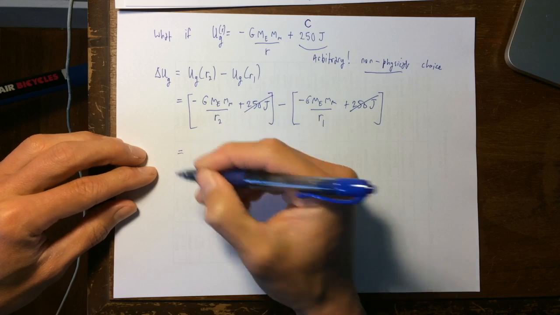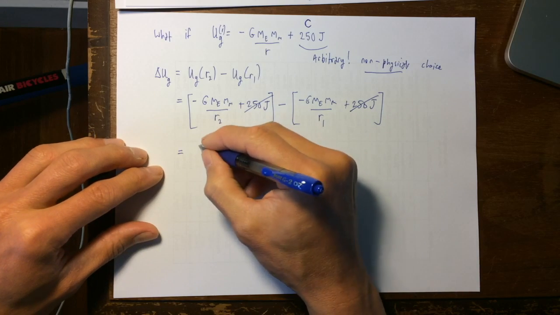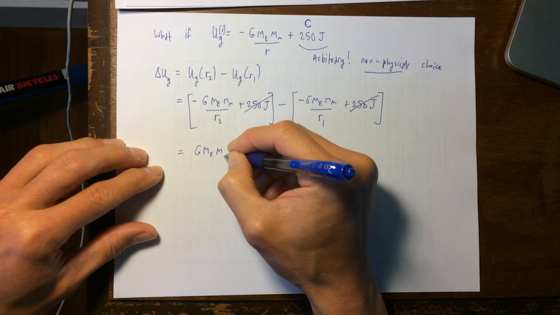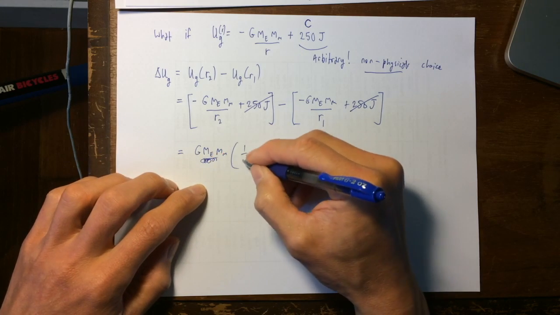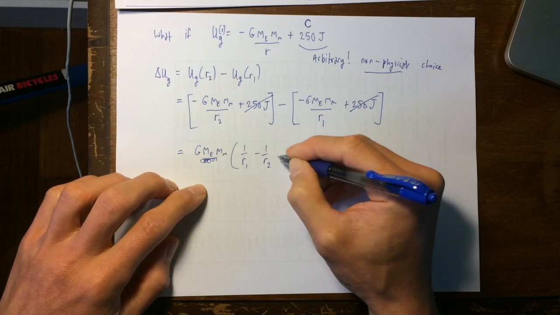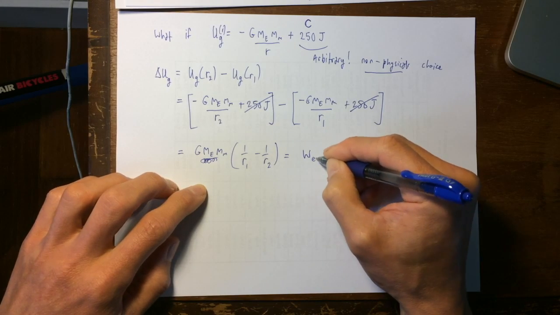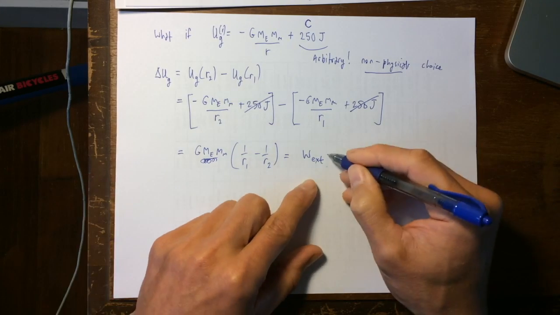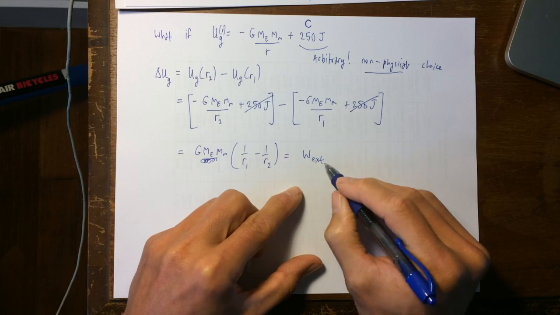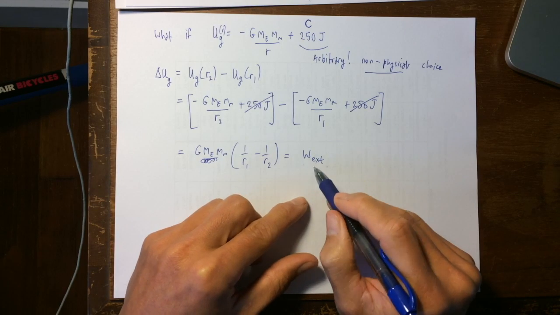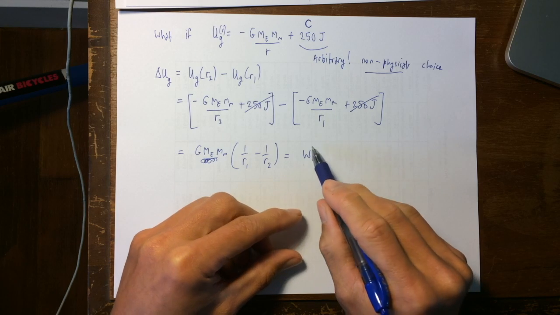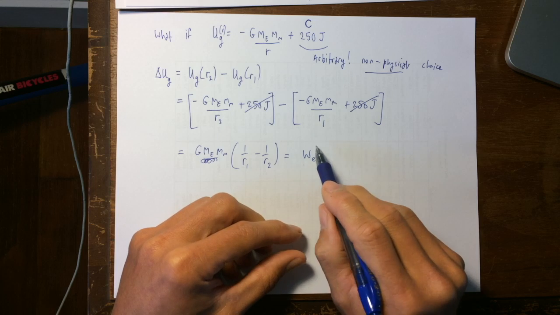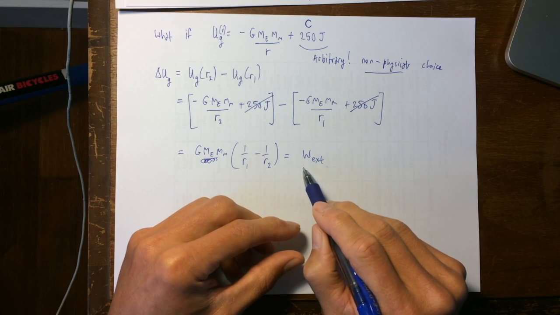So this becomes G M_E M_Moon times 1 over R1 minus 1 over R2, which was the work done by an external force. This is physical here. This is very physical. It's physical in the sense that in order to do a certain amount of work, you have to use a certain amount of gasoline or absorb a certain amount of sunlight into a solar panel, right?